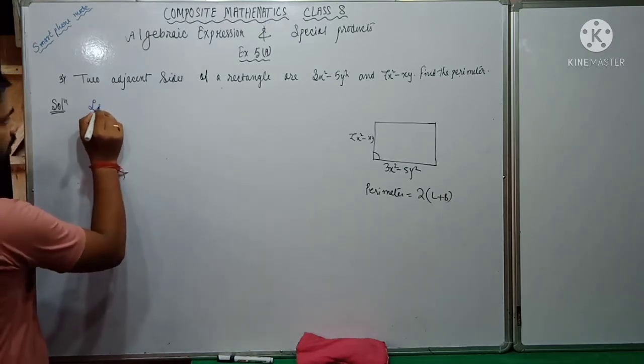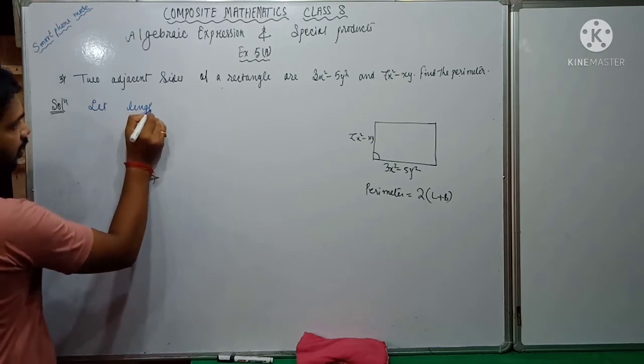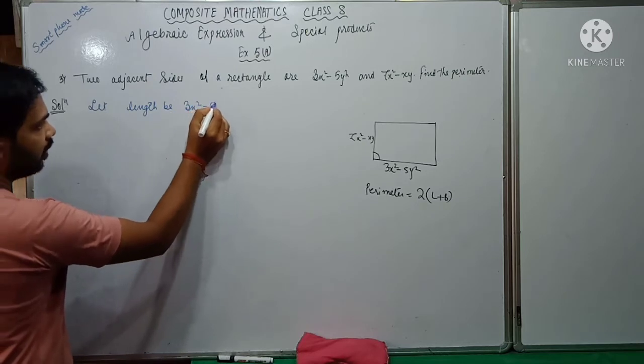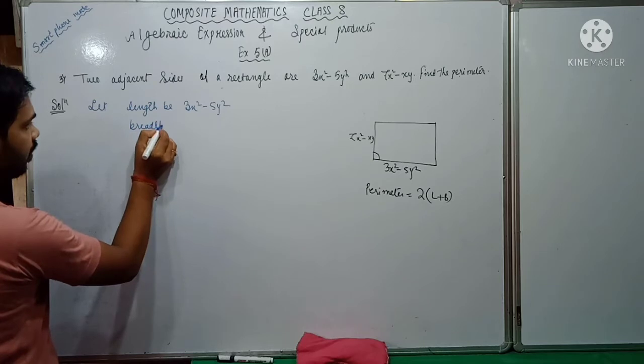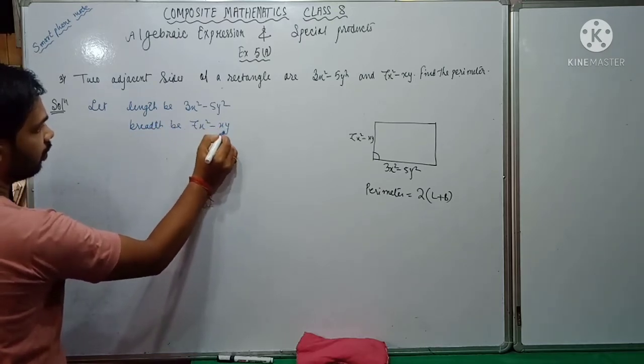let length be 3x square minus 5y square and breadth be 7x square minus xy.